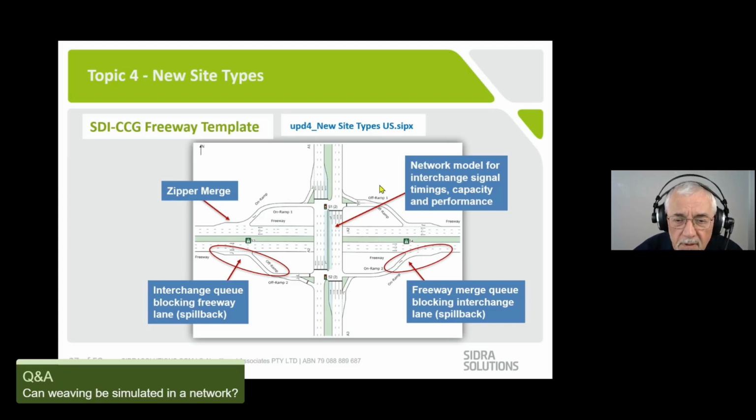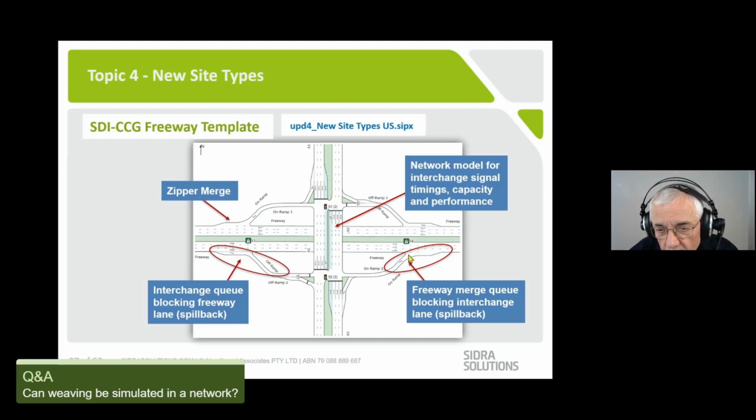And the second one is lane blockages. Now, in this, on the south S2 side, west approach, traffic coming off the freeway, if the signals aren't efficient enough, can queue back onto the freeway. So you learn about that from the SIDRA analysis with these linkages. And there is another blockage the other way.